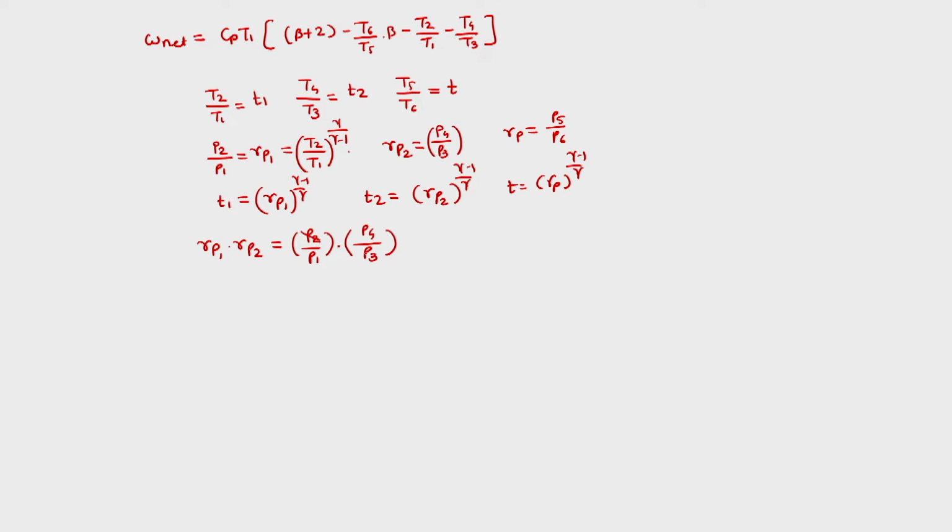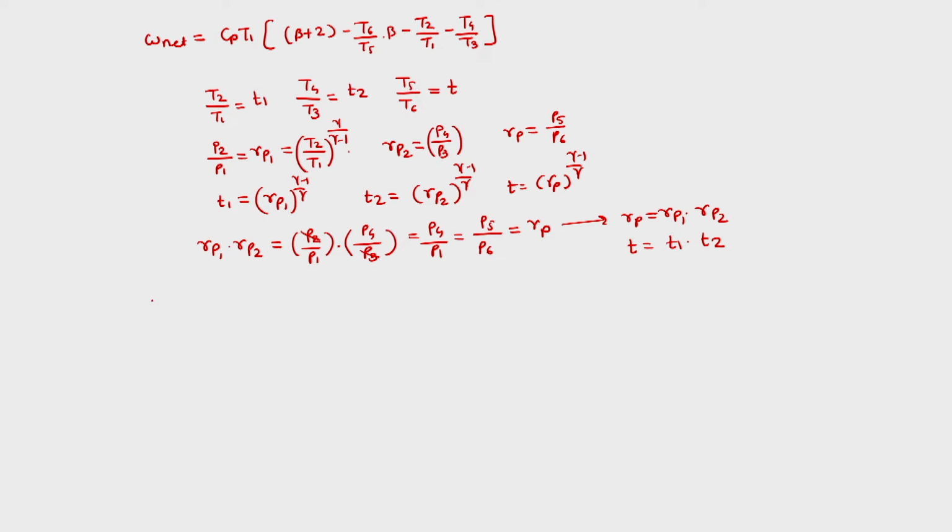So this is P4 by P1, but P4 is equal to P5, P1 is equal to P6. So this is Rp. So Rp is equal to Rp1 into Rp2, and so T is equal to T1 into T2.